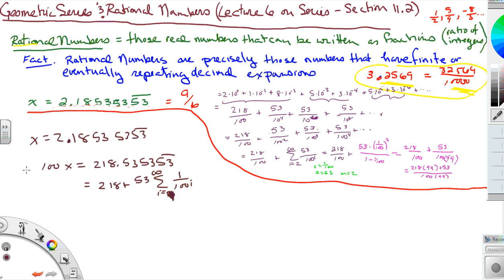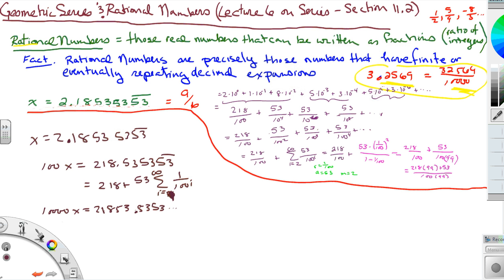But now I want to multiply by the next power of 10 that allows me to line up the 53s. So that's going to be 10,000, right? Because if I have 10,000, it's going to move it over again. So 10,000x is equal to 21853.5353, etc. And you notice this part after the decimal place is exactly that which converges.